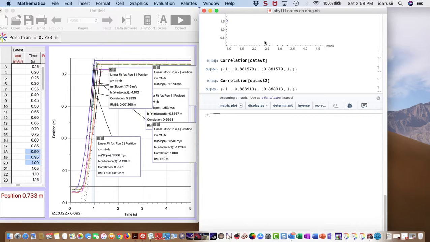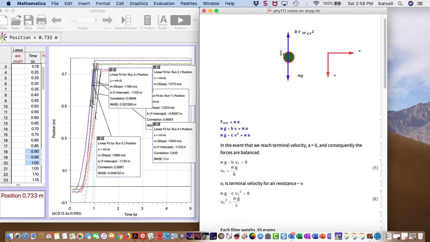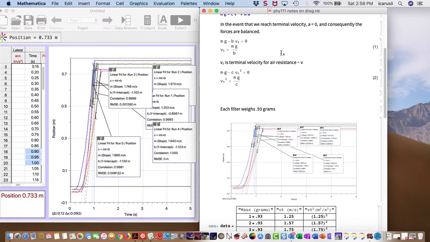Okay, so this is drag, and as you can see, the object reaches a terminal velocity. Again, let me summarize. We use Newton's second law to generate the equations. Once we do that, we're going to look for the terminal velocity, which is the case where the resistance is balancing out the weight.